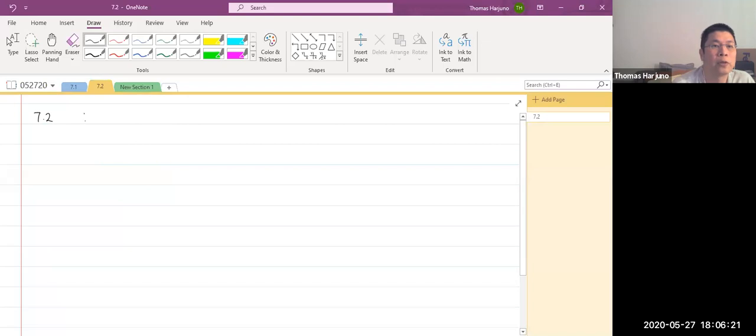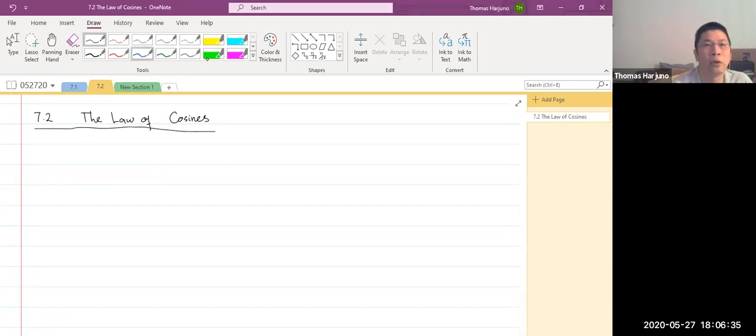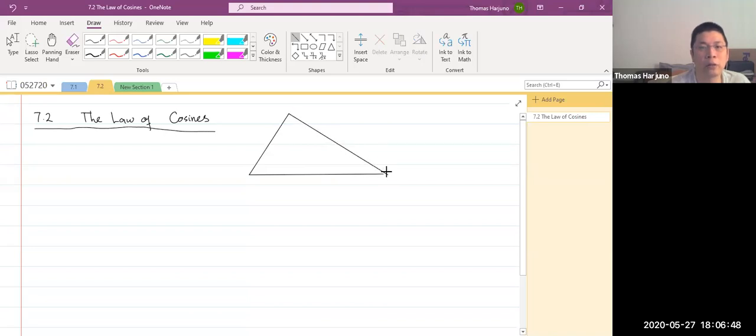7.2, the law of cosine. The law of cosine says the following. Suppose this is my triangle, any random triangle. It doesn't have to be a right triangle, even though it seems like this is a right triangle, but it's not.